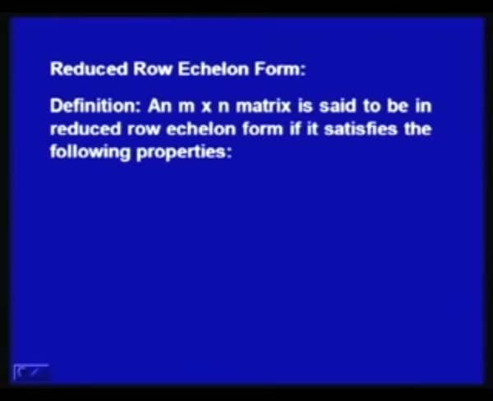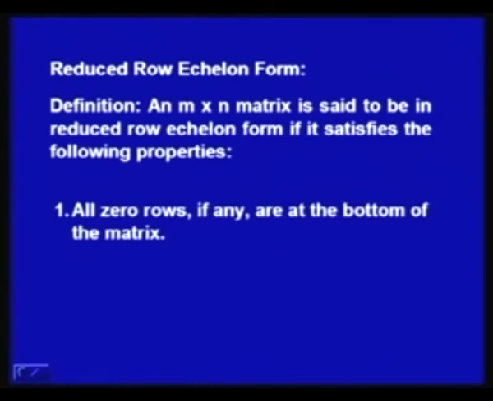We define a matrix M by N to be in reduced row echelon form if it satisfies certain properties. So, what are those properties? The first property is that all zero rows, if there are any, are at the bottom of the matrix. So, if there are some zero rows, then they will be at the bottom of the matrix.